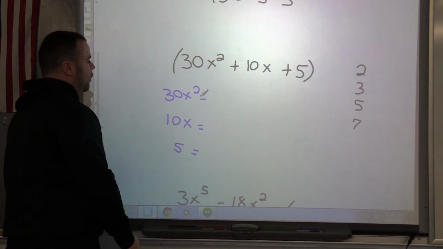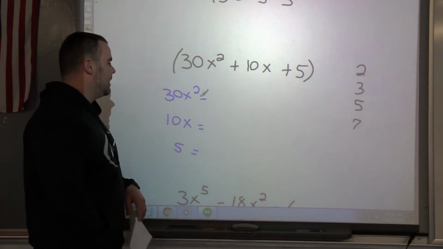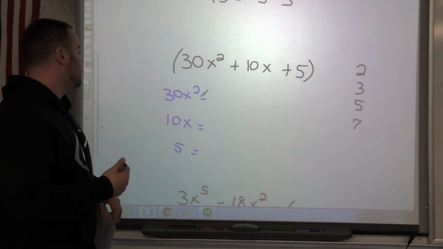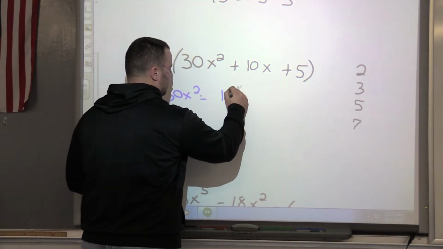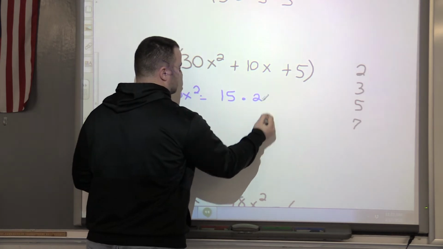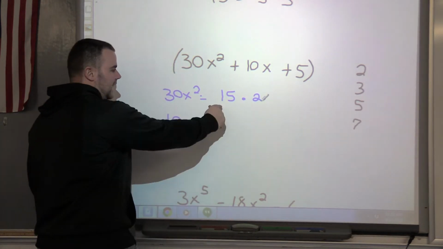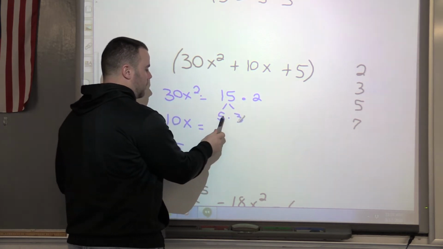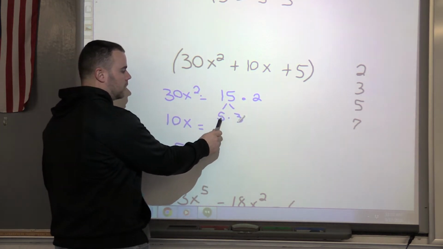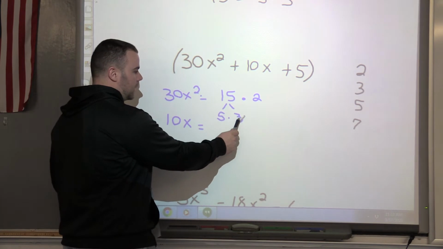Well, 30. How can I get 30 by multiplying? I can do 15 times 2. That's a good way to do it. 15 is 5 times 3. Oh, well, look at that. Those are all prime. So my terms are going to be 5 times 3 times 2.